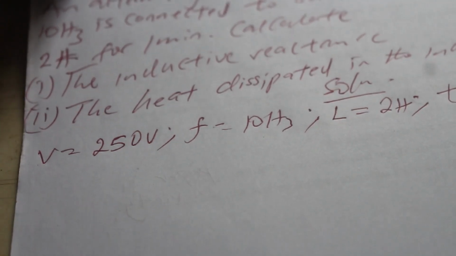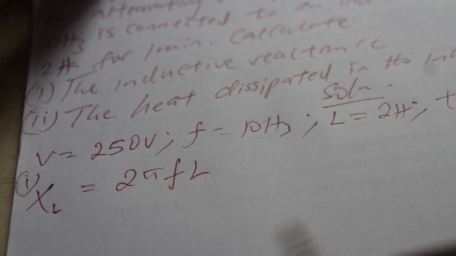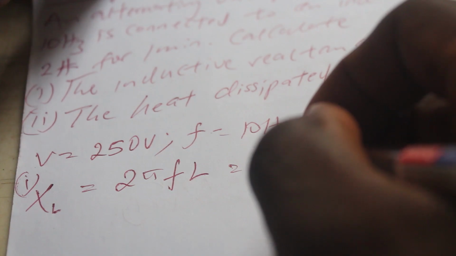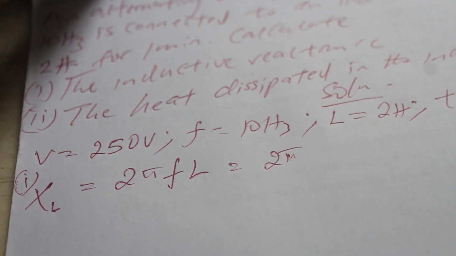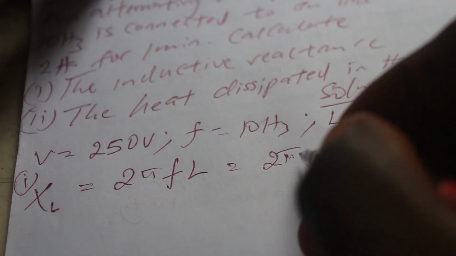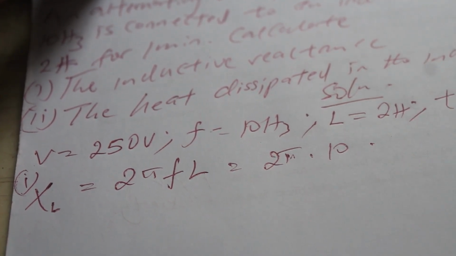So now what is the formula for inductive reactance? Inductive reactance XL is given as 2 pi FL. Now, where 2 pi is constant, of course, pi being the rational number 22/7 or 3.142. F was given to us, it's 10, multiplied by 2.